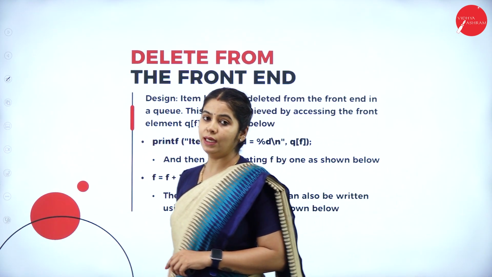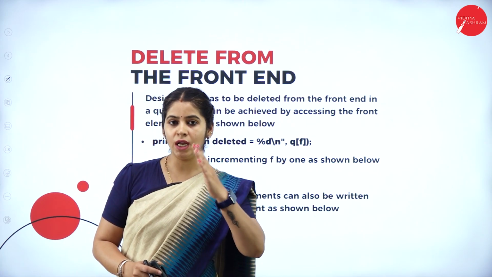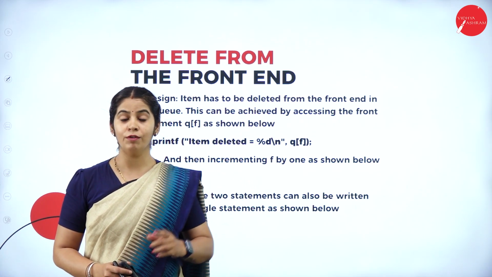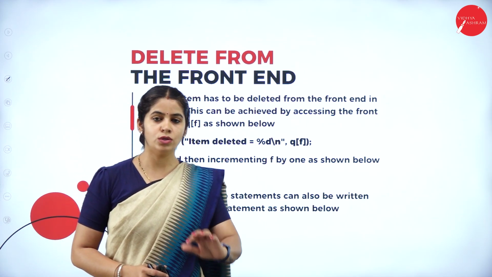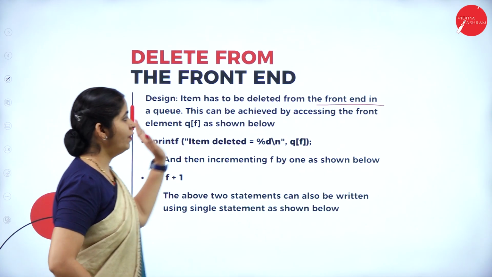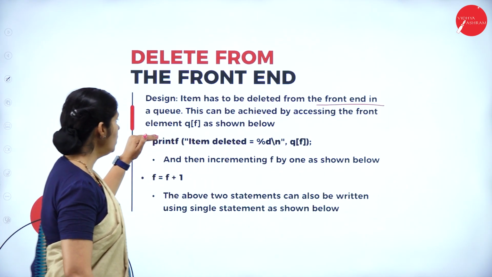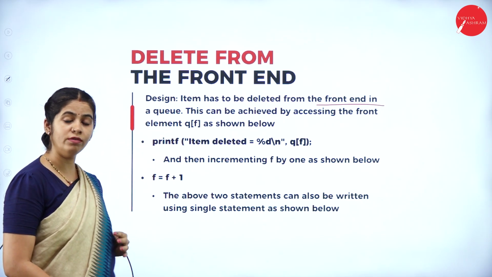Now coming to the deletion operation, at which end are we deleting the element? From the front end we are deleting the element, right? So the deletion operation has to be taken care of by the front end in a Q. This can be achieved by accessing the front element. What do we have to access?